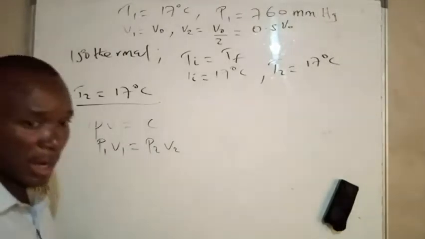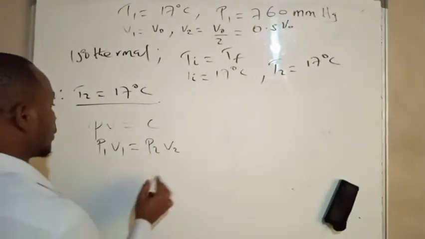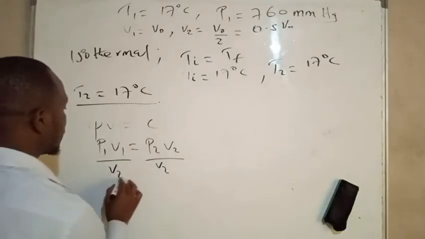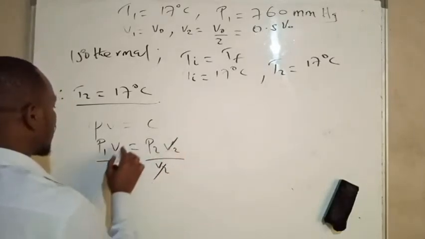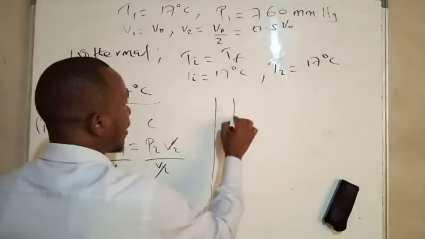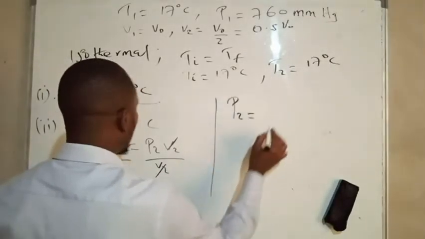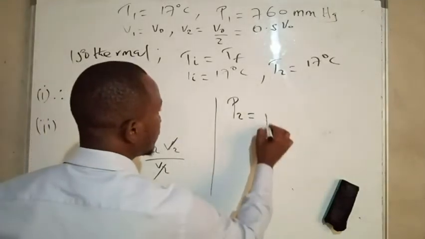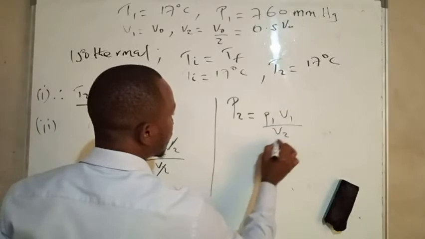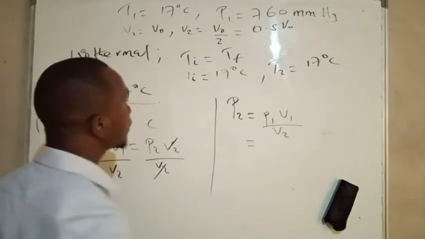Since we want to find the pressure P2, we divide by V2 on both sides, so that this and this cancel, and what we are going to have is P2 is equal to P1 times V1 over V2.